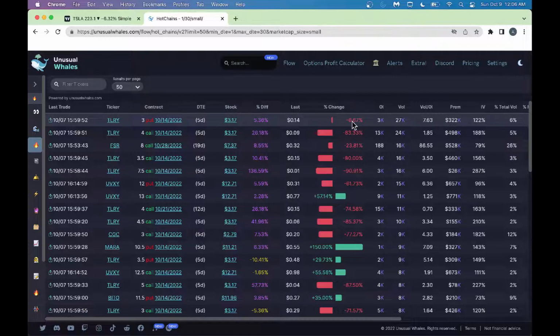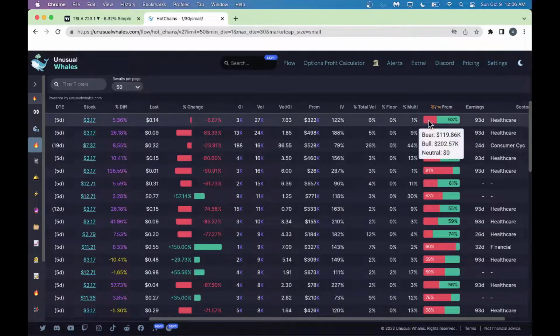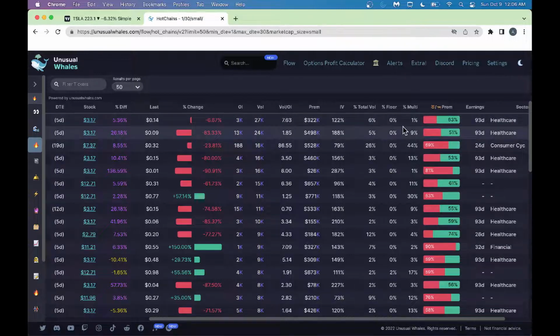So these are the hot chains, and you get a good idea what's going on, and it gives you some more details. And look, there is a bullish premium of 202k, bearish premium around 119k. That tells you there is something going on here.